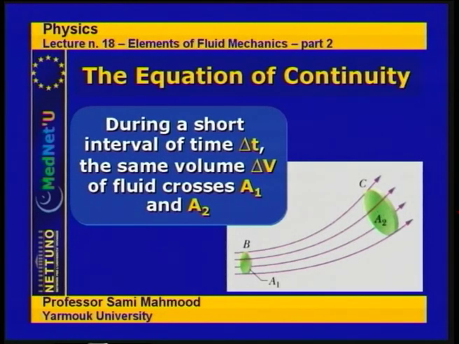Now, if a volume element of the fluid enters at B, this same volume element will leave the fluid at point C during a time interval of delta t, and that is a consequence of the incompressibility of the fluid.